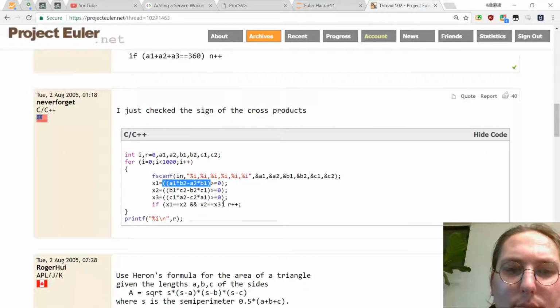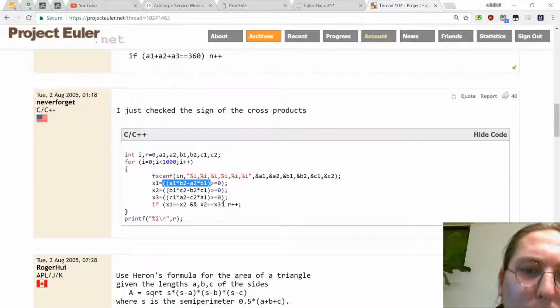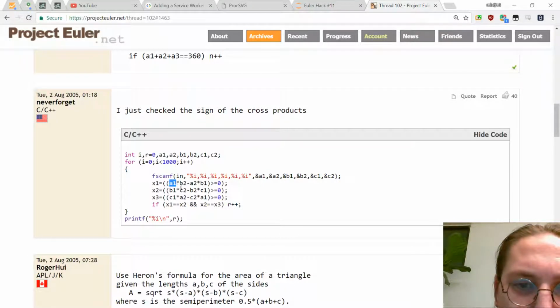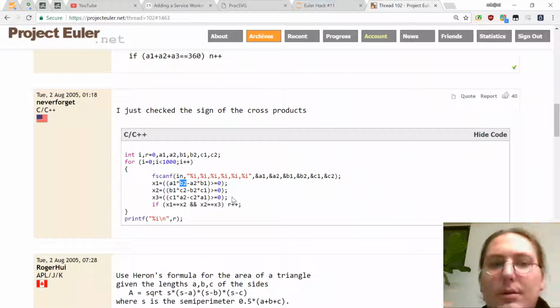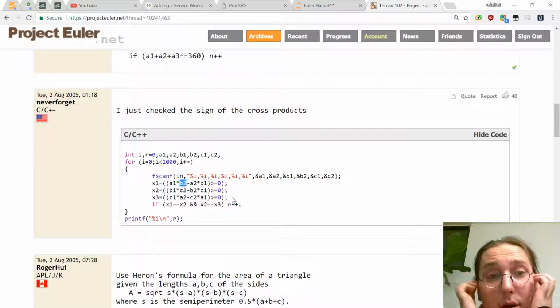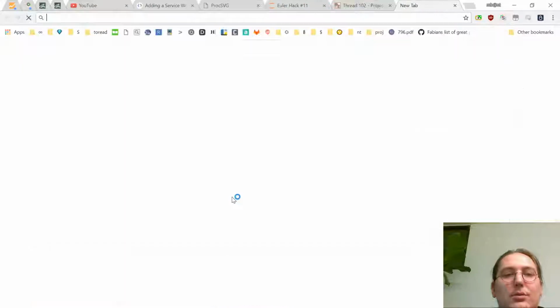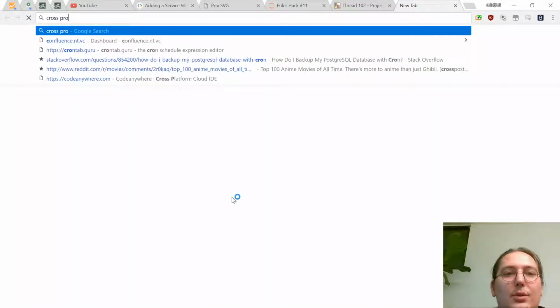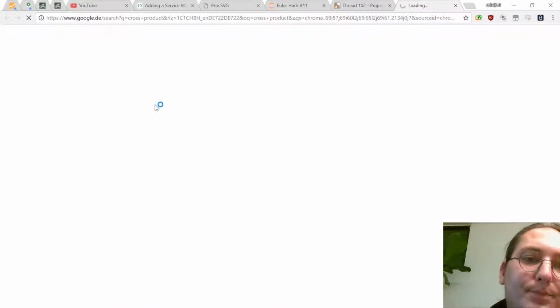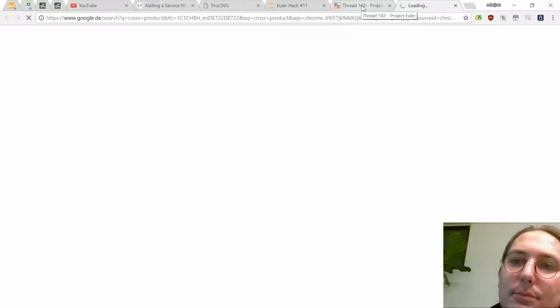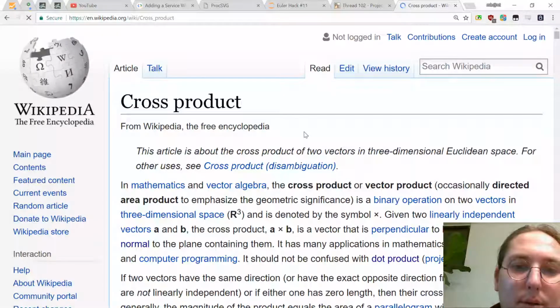Yeah, I think this is the x coordinate of A and this is the y coordinate of B. Cross product. So I just do cross. And there is another name, determinant or something like that, but I'm not sure why. Okay.